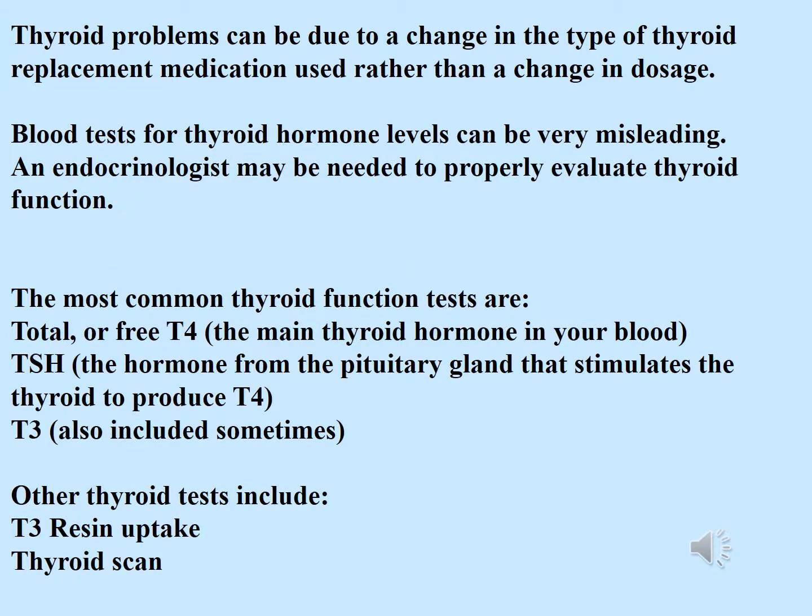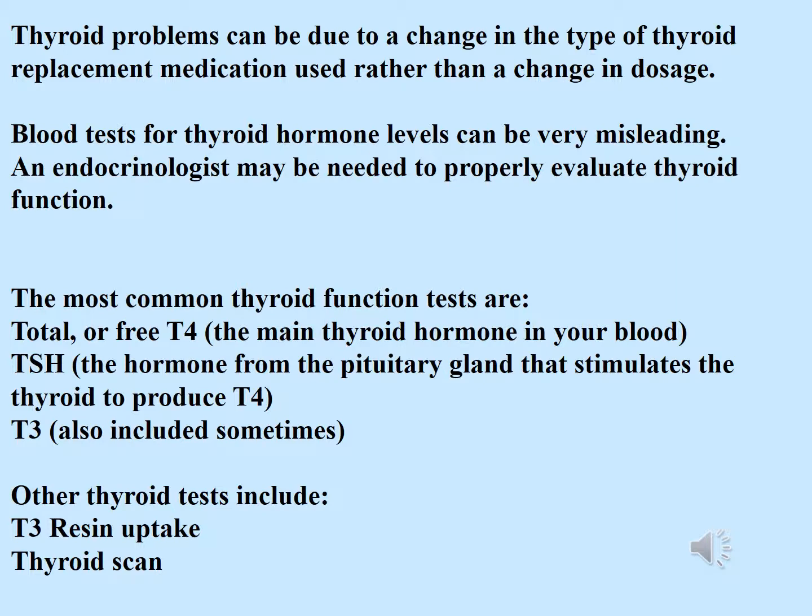Thyroid problems can be due to a change in the type of thyroid replacement medication used rather than a change in dosage. Blood tests for thyroid hormone levels can be very misleading. An endocrinologist may be needed to properly evaluate thyroid function. The most common thyroid function tests are total or free T4.